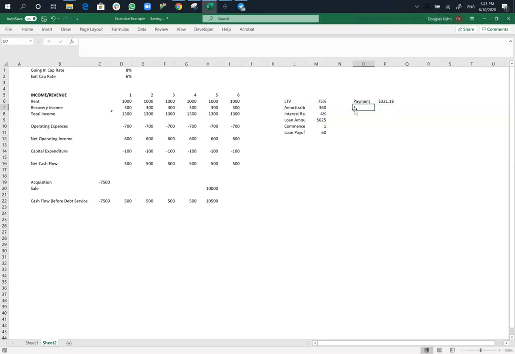Now we're going to get all of the principal payments made for the hold period. To do that, we use an Excel formula called the cumulative principal formula. And some of it's similar.